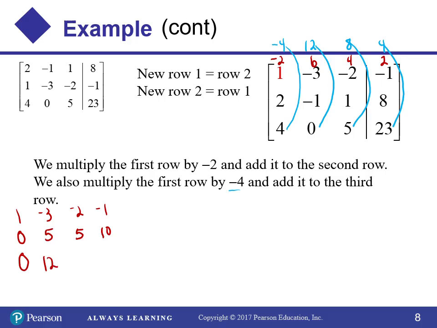Then 8 plus 5 is 13. And 4 plus 3 is 27. So this is what we have now in our matrix. Don't try to get ones on the diagonal first. Try to get this first column to match. The 1, 0, 0 is our goal.